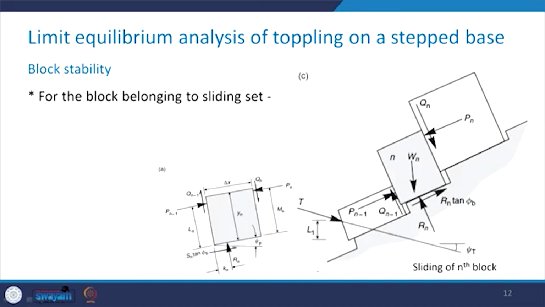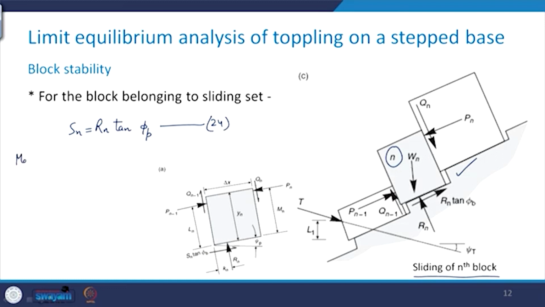So for the block belonging to the sliding set: till now we discussed the toppling block, but in case the nth block is not toppling but undergoing sliding, what can be the situation? Here are the forces shown in case of sliding of the nth block. What we get here is Sn equal to Rn tan of phi p, that is equation number 24.